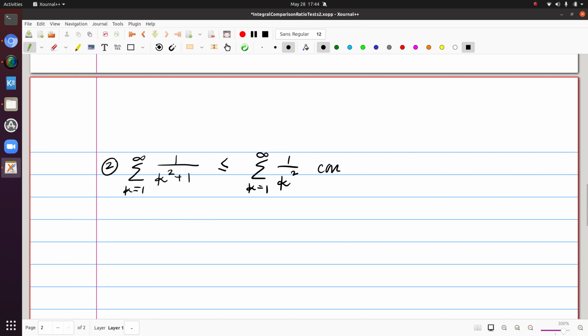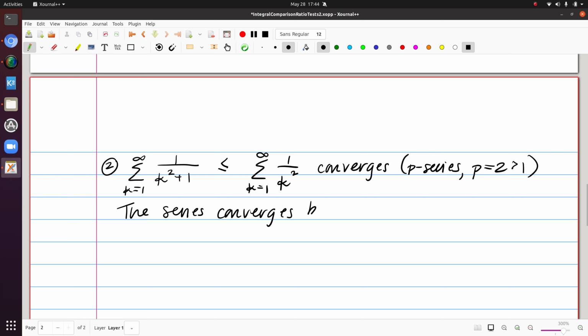And we know that this p-series converges because p is equal to 2, which is strictly greater than 1. So again, we're going to be able to quickly conclude that the series we started with converges, and we want to say by the comparison test.